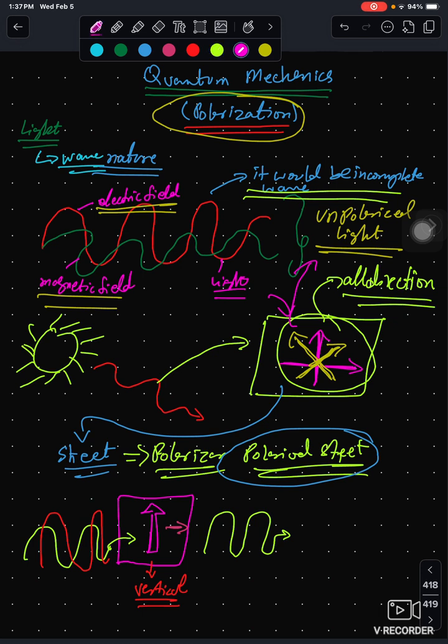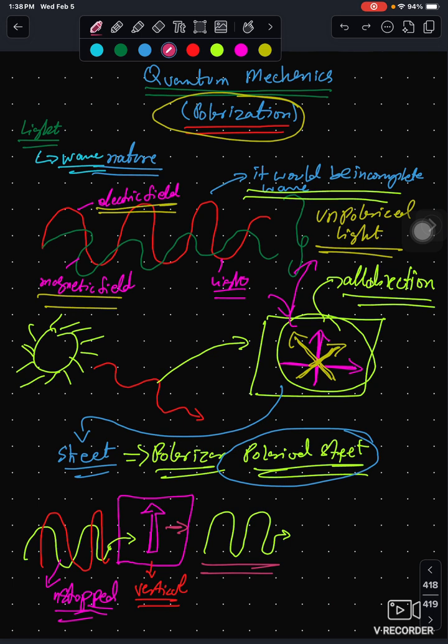The horizontal part was stopped. Here's why: a polarizer only lets light with the same orientation as that polarizer go through, and not the light which is perpendicular or in other directions. So first we had electric and magnetic, now we have an electric-only wave, or half the polarized wave.